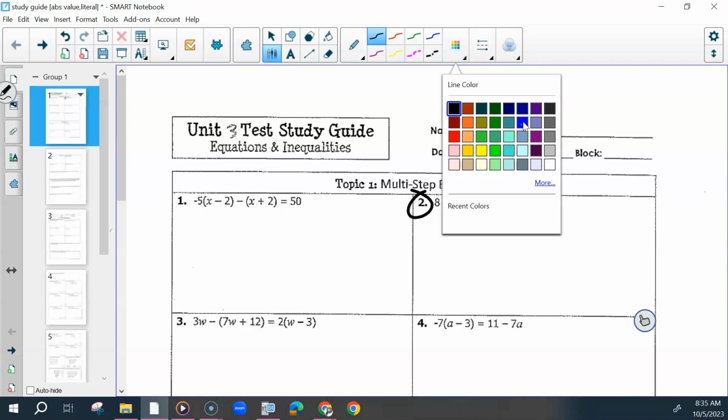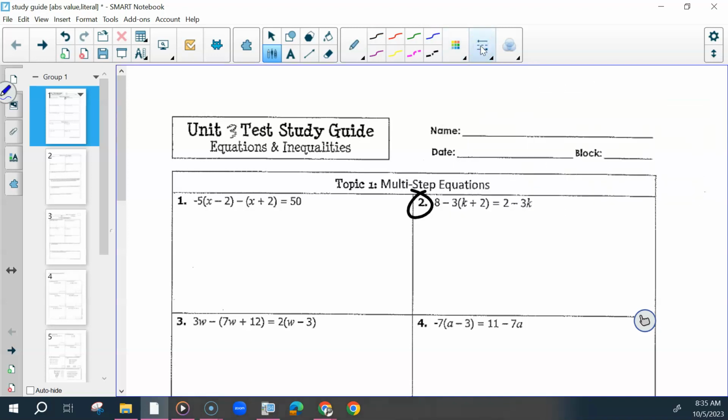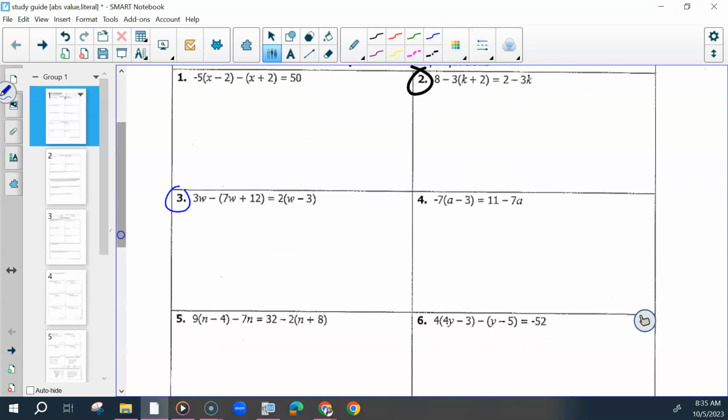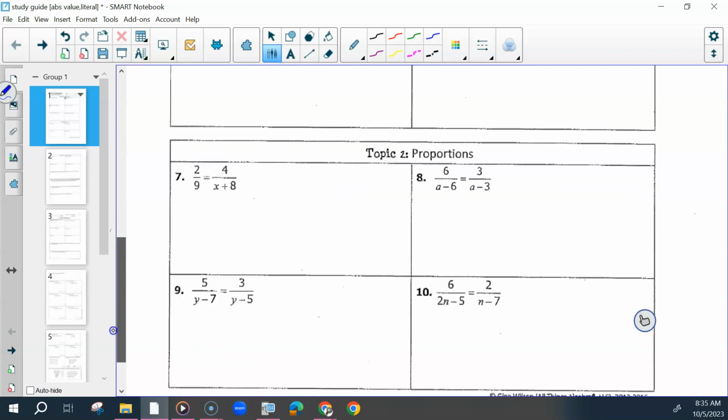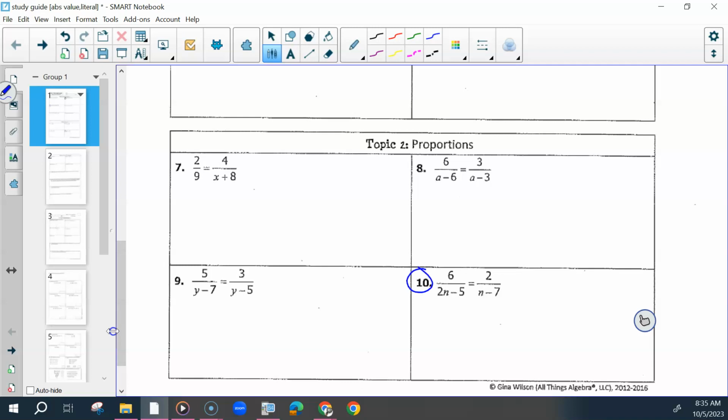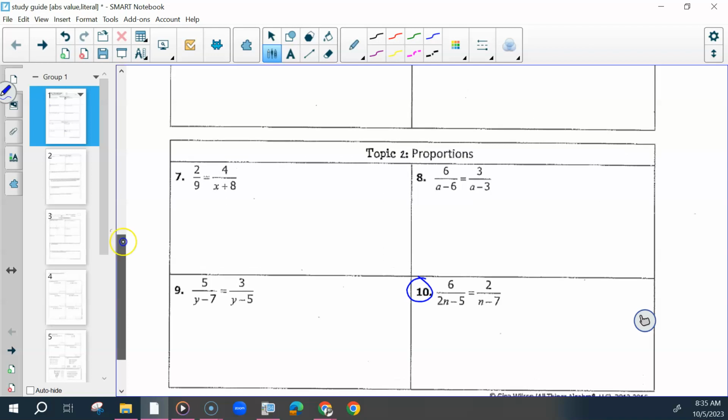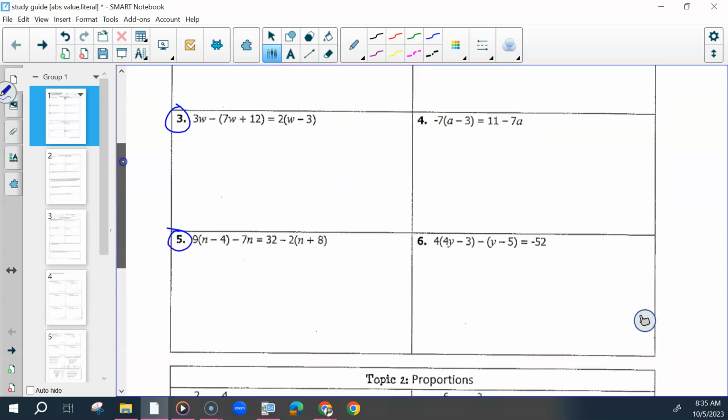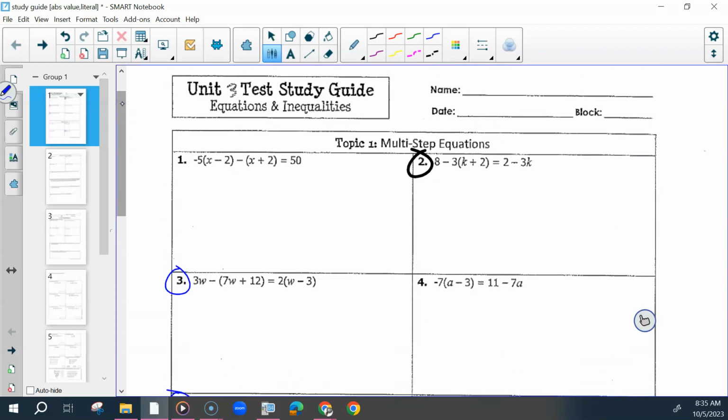Any others on this page? And that will be our 4 for the multi-step, and we'll move on after those.